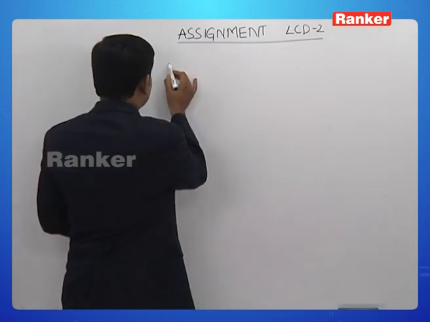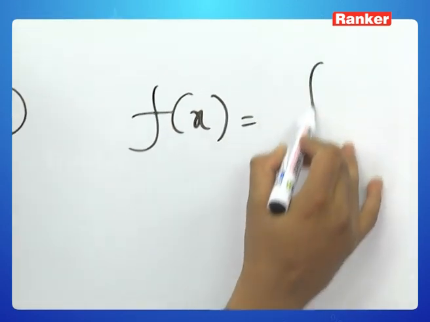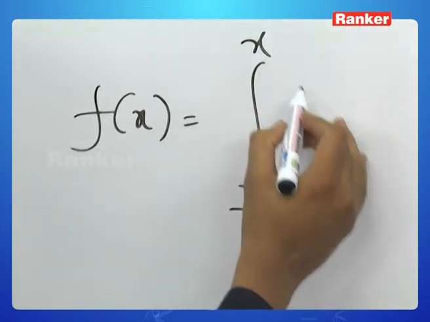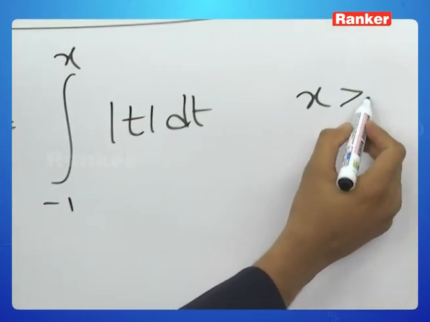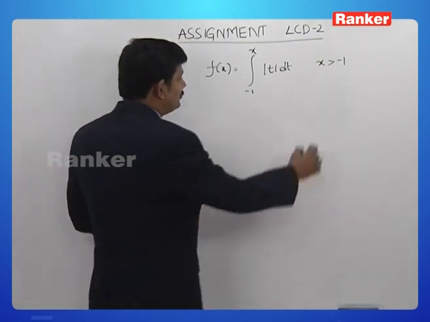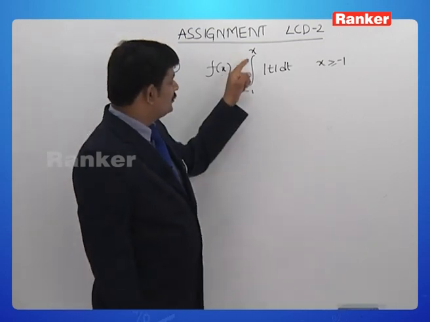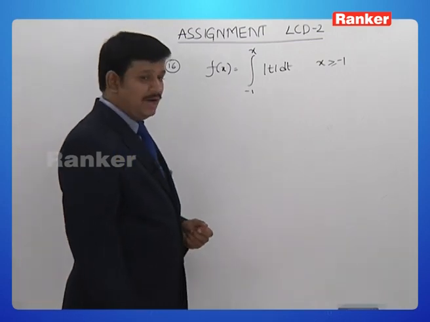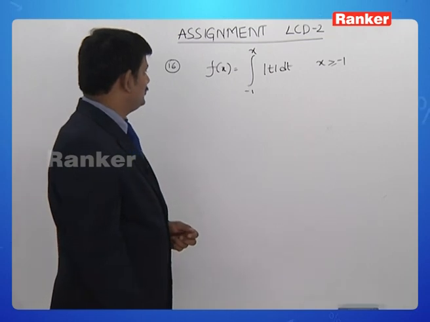F of x is given to be the integral from minus 1 to x of mod t dt, whenever x is greater than or equal to minus 1. Now we have to talk about continuity of f and f dash.